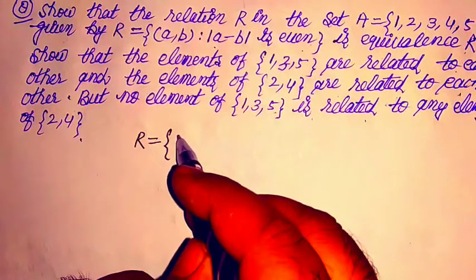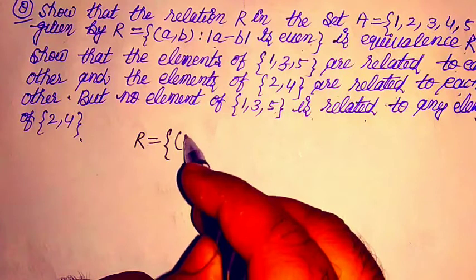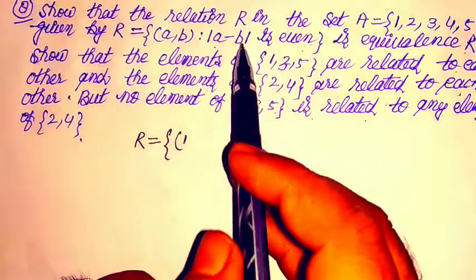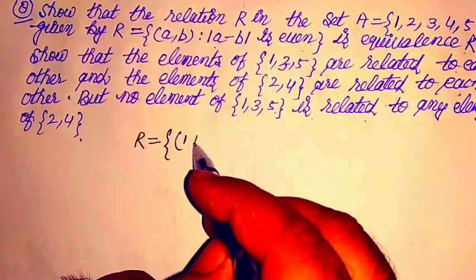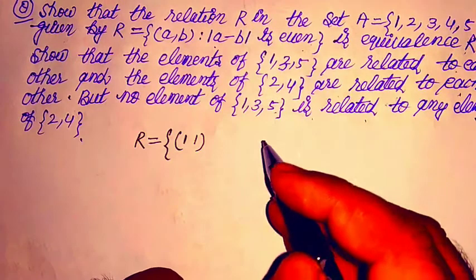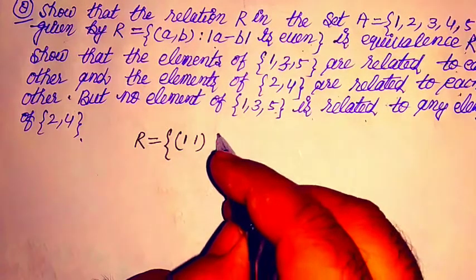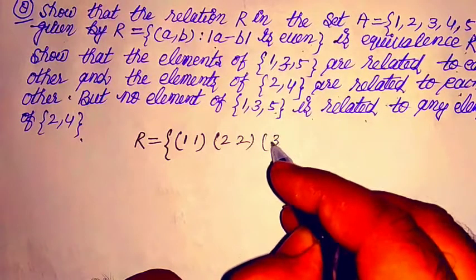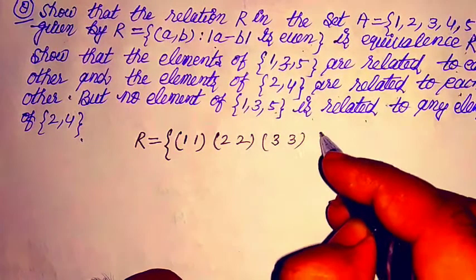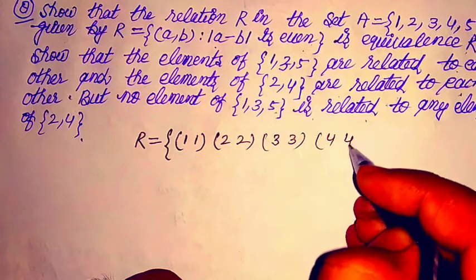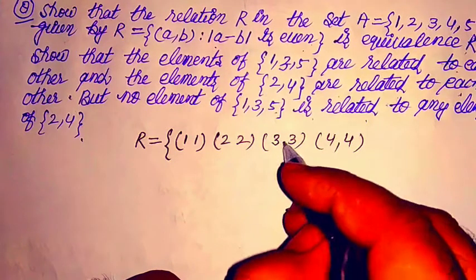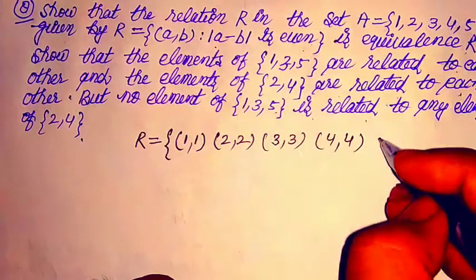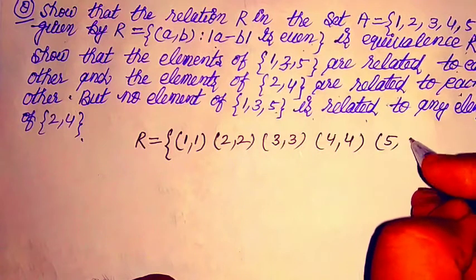So if we take 1 as a and 1 as b, we get 0. So we can say 0 is an even number, and same as (2, 2), (3, 3), (4, 4), (5, 5). We can write (5, 5) as well. After subtracting we get 0.